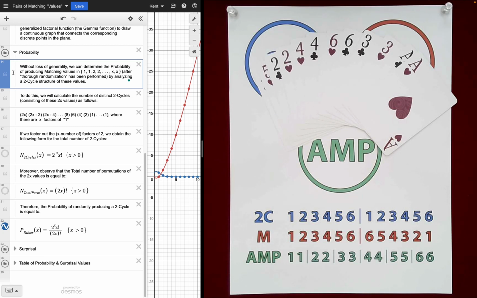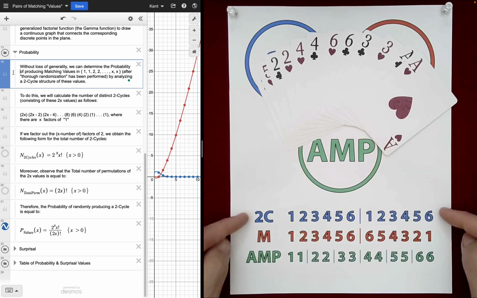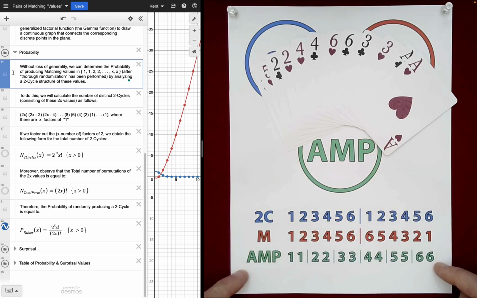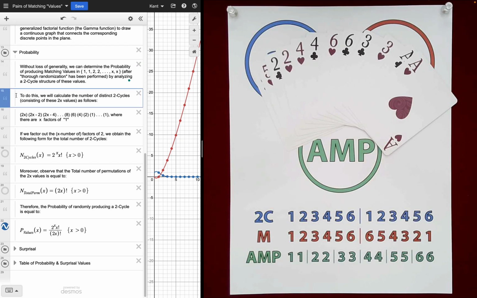Okay, so what I'm saying here is, since each of these individually have identical probabilities of occurring by chance alone, to find the common probability for each of these, we can just find the probability of any one of these. So we're going to work with two cycles, okay? To do this, we will calculate the number of distinct two cycles consisting of these 2x values.